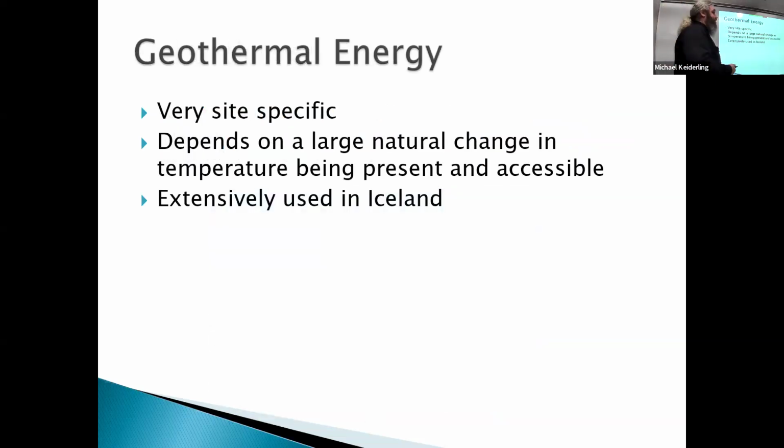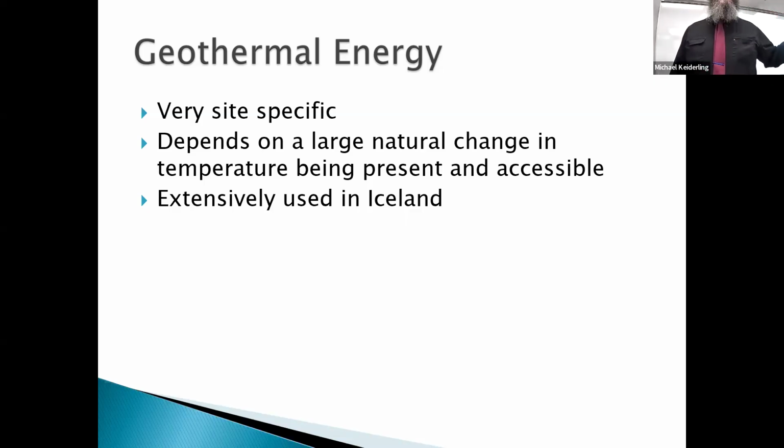Now, geothermal energy is great, but it's incredibly site-specific. There needs to be a large natural change in temperature as you drill down. And the problem is figuring out if that's the case. Certain places you just know that's the case because the geology is such that there's going to be a big natural change in temperature, like Iceland or Hawaii.